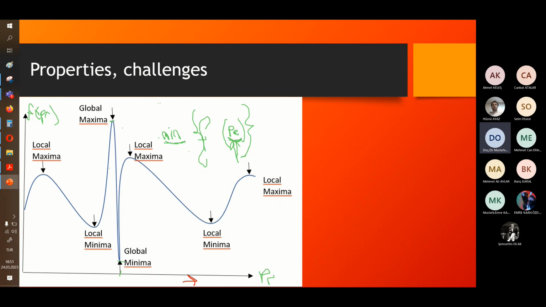So if the problem has got, let's say, 20 parameters that is affecting the solution, it will be impossible for us to draw the function because it is in 20 dimensions, and we cannot draw functions with more than three parameters, 3 dimensions.